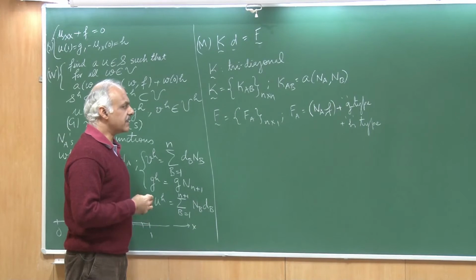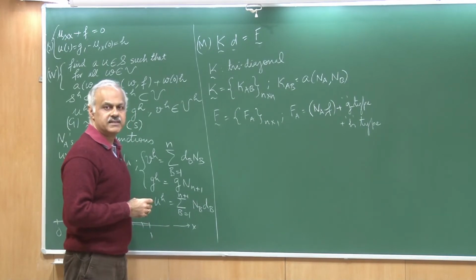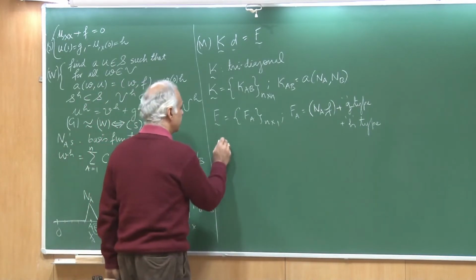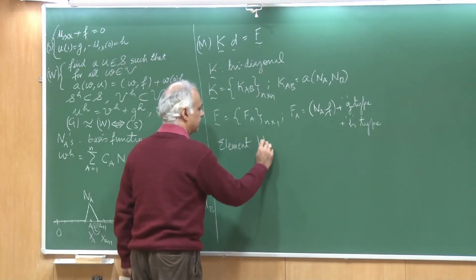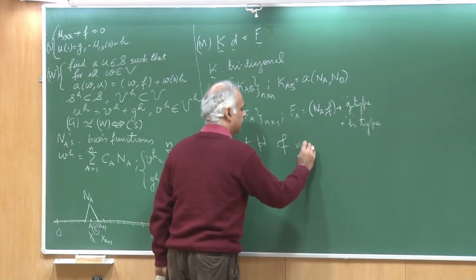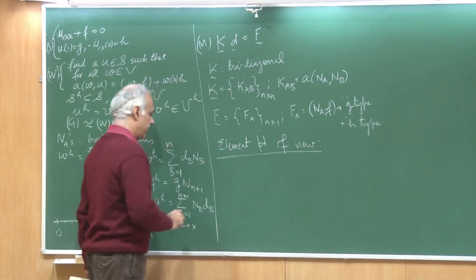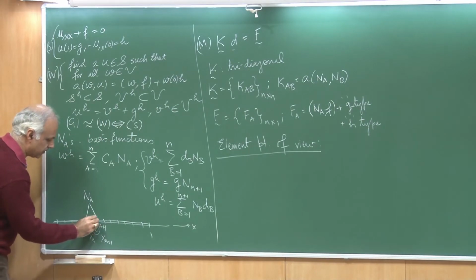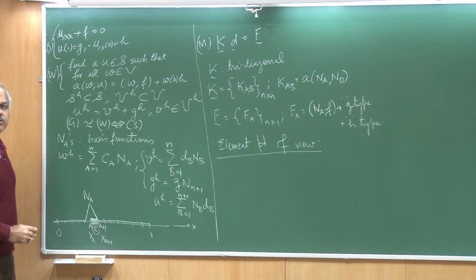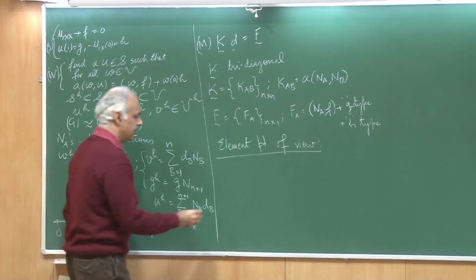But we realized that there are better ways of implementing this. So, we talked about the element point of view. Each of these elements here from xa to xa plus 1 was mapped to a local domain.